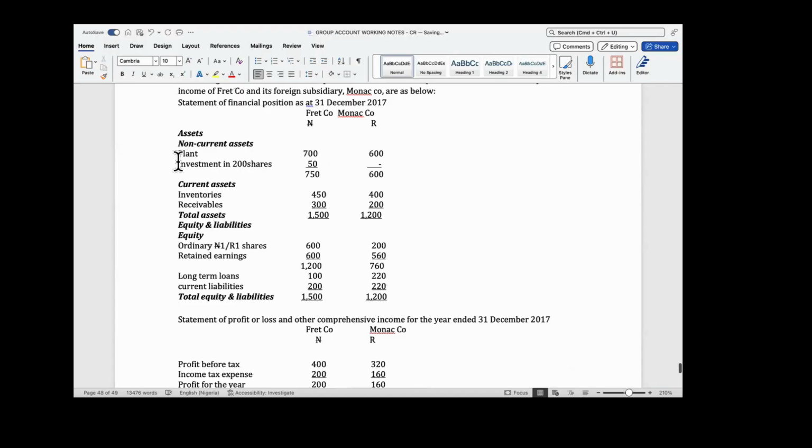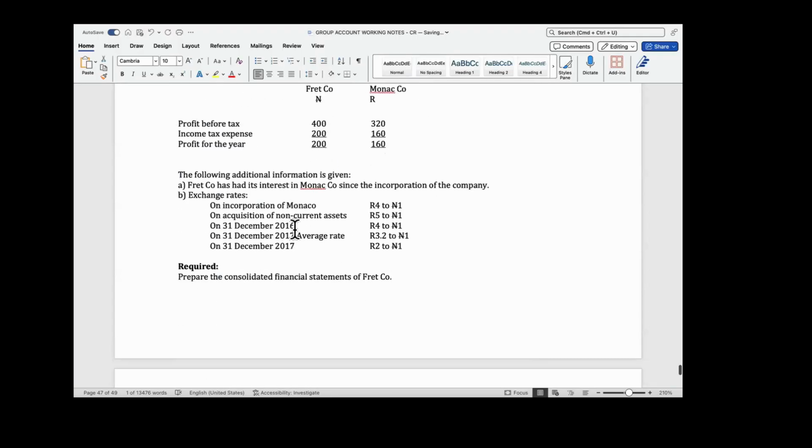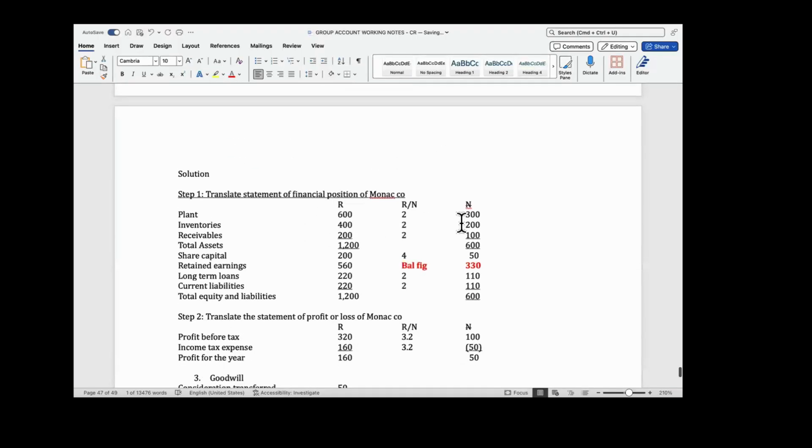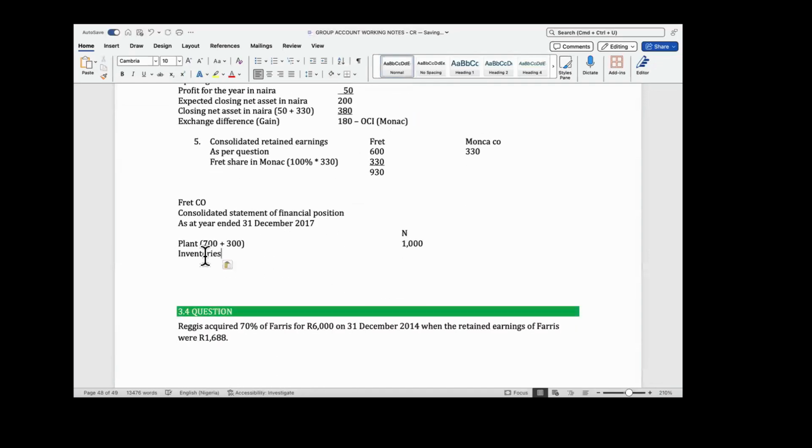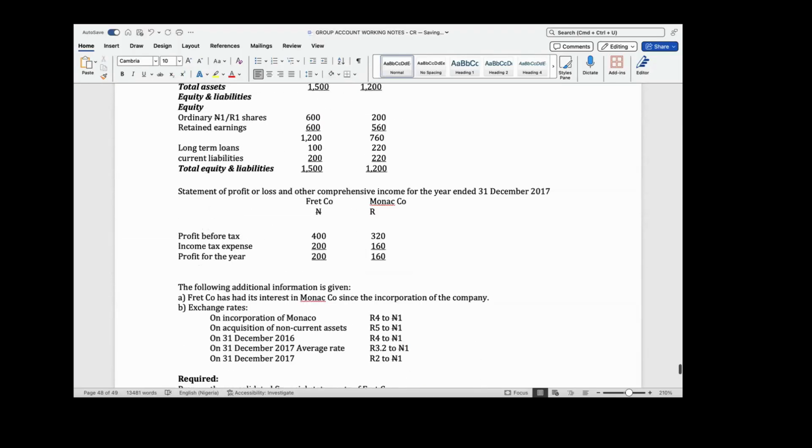Second item, investments. We cancel out this. Goodwill was 0. Inventories, that's 450 plus 200. That gives us 650.